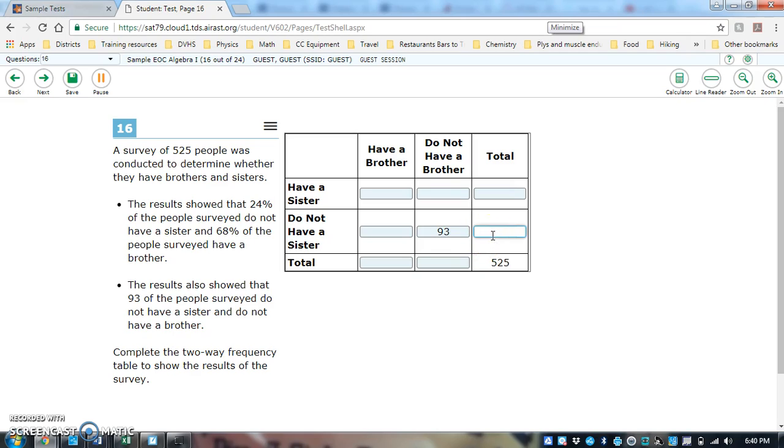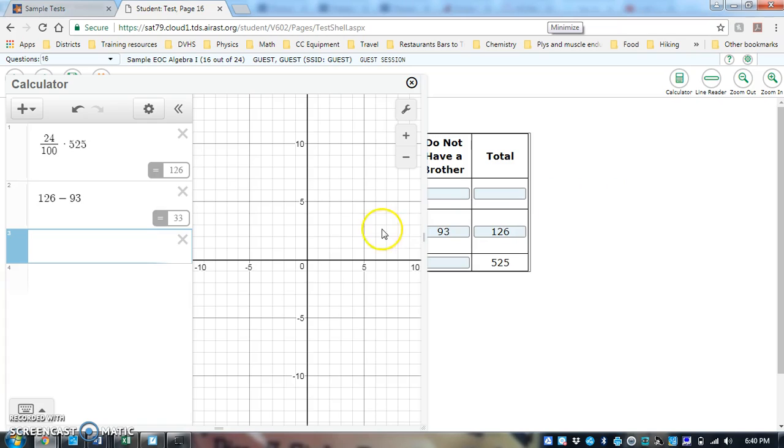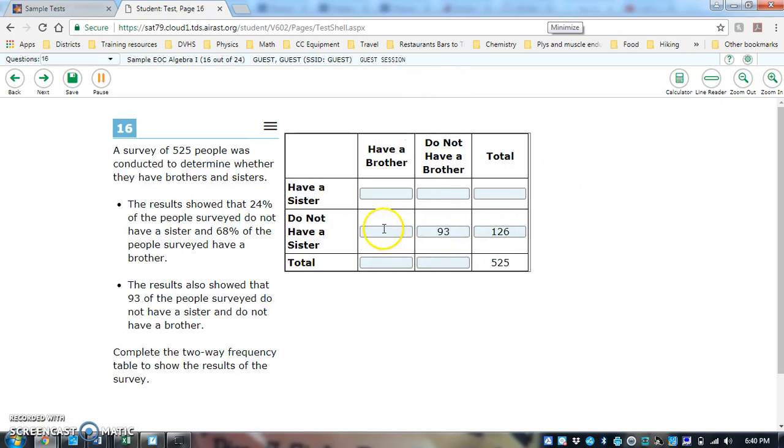The group total for that is 126. Now we can figure out how many do not have a sister but have a brother. This plus 93 must be 126. So I'm going to go back to our calculators. 126 minus 93. That answer is 33. All right, good.